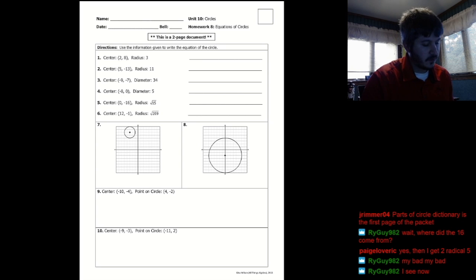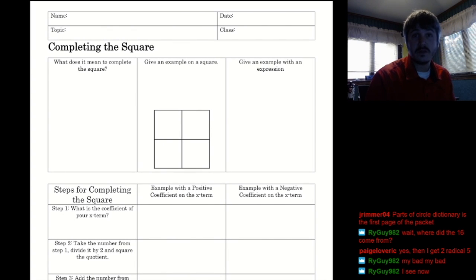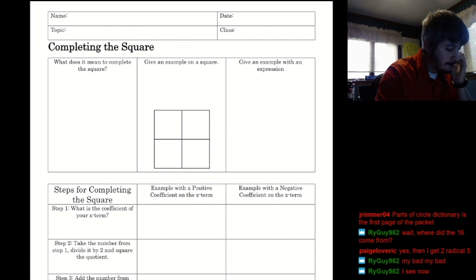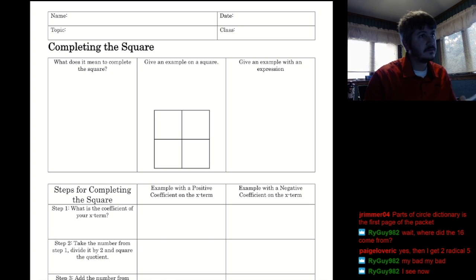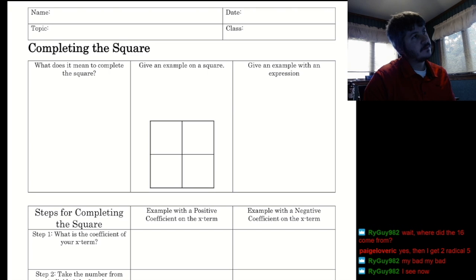So I'm going to go right into completing the square. So what does it mean to complete this square? So you might remember this.